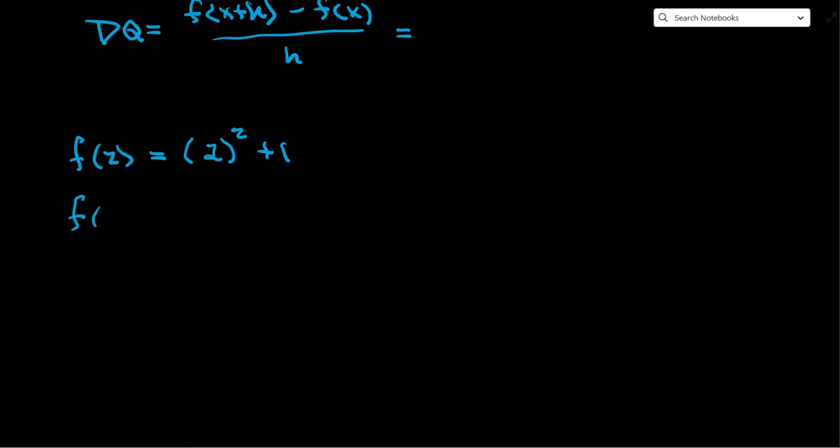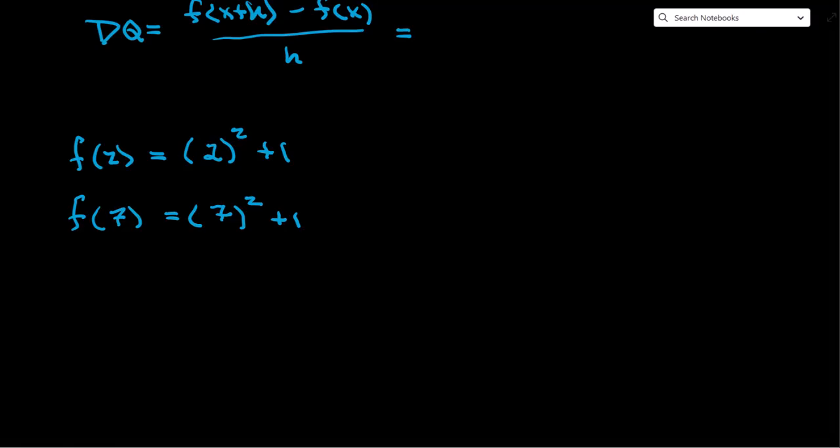If we wanted f of 7, we would write our function, saving a space for what we're defining x as, and substituting it in there.